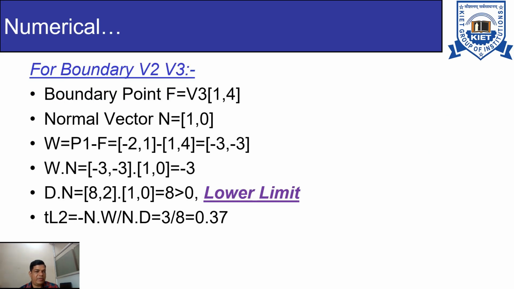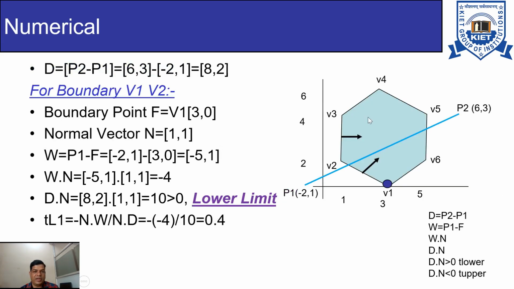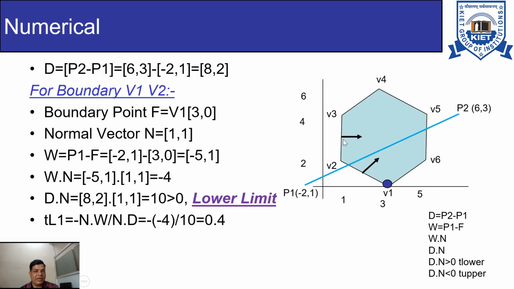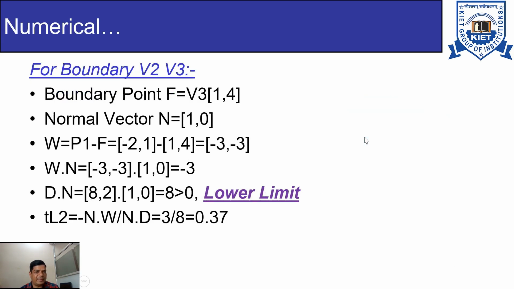Similarly, we can consider another boundary, V2, V3. The fixed point is V3 = (1, 4). Here we take this point as the fixed point, where the value of x is 1 and the value of y is 4. The normal vector is n = (1, 0), because you can see in the figure that the value of x is increasing but there is no change in the value of y.